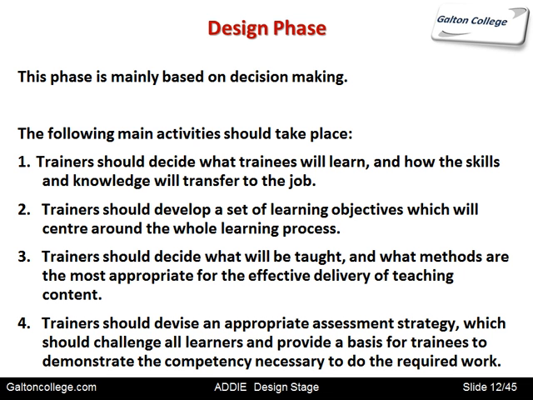So at the end of the training period, the trainers should have some form of assessment, some form of feedback which suggests that they have met their objectives or they have not met their objectives, or perhaps they've only partially met their objectives. So it's important to assess the effectiveness of the training program. And one way to do that, of course, is to assess the people who attended the training program to see if they have now acquired the skills that were desired in the first place.